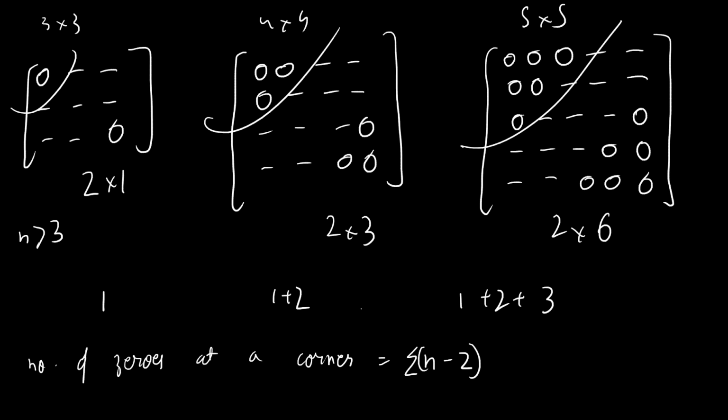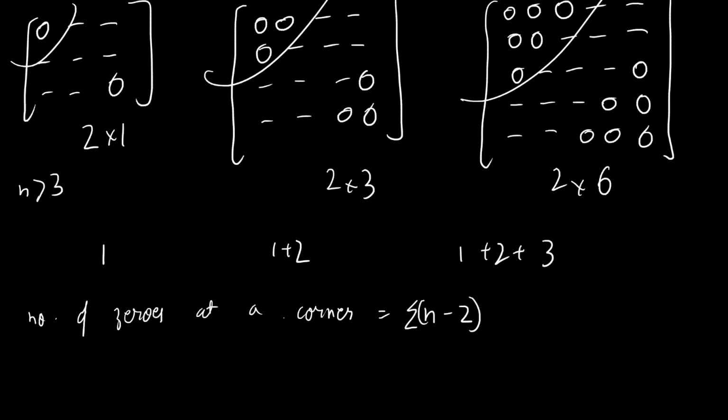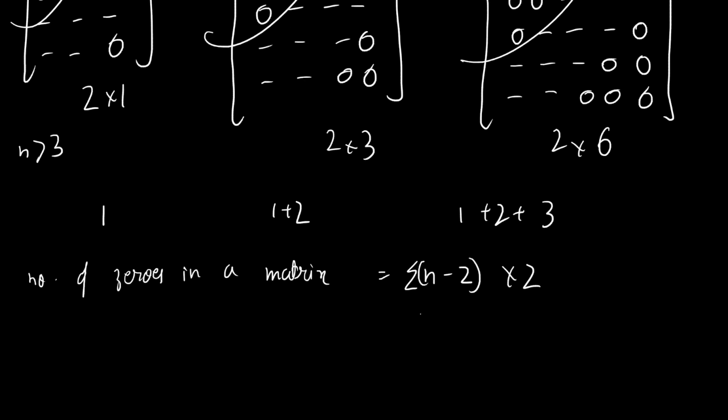And since we have two corners, the total number of zeros in a matrix would be this number times 2. Now if you recall any math from high school, you remember the formula for the sum of n natural numbers is n times n plus 1 upon 2.